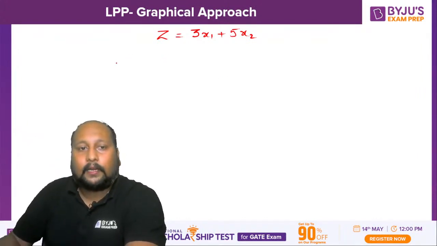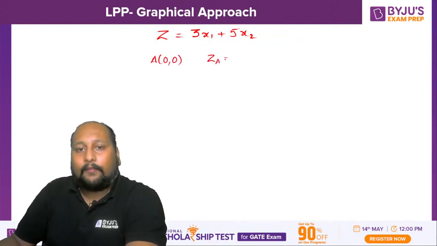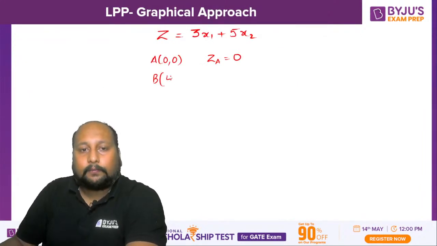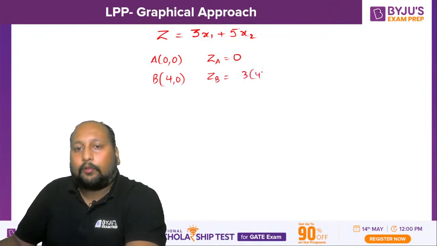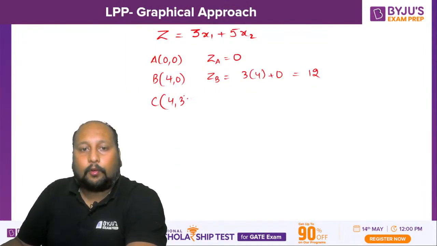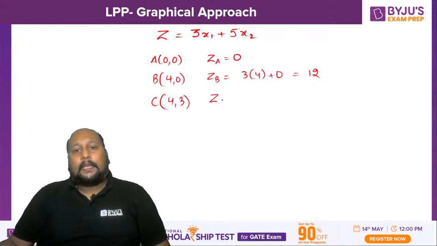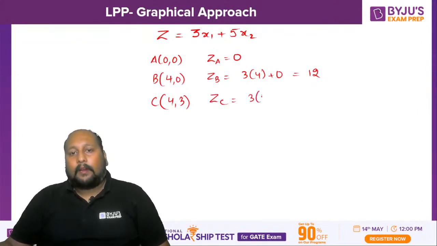So let us calculate at A. A is having a coordinate of 0 comma 0. So ZA will be having a value of 0 only, right? What about point B? Point B is having 4 comma 0. So ZB will be equal to 3 into 4 plus 0, that is equal to 12. Point C is having 4 comma 3, so ZC will be equal to 3 into 4 plus 5 into 3.